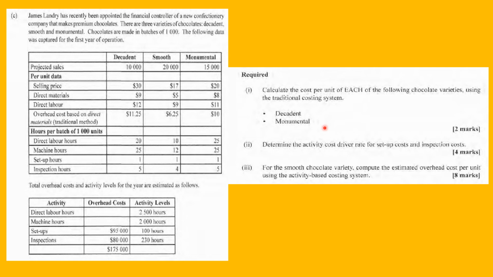Next part, like I said, for the smooth chocolate variety, compute the estimated overhead cost per unit using the activity-based costing system. So you wouldn't be certain if they just want you to use these two here, but it doesn't look that way because it's 8 marks compared to the 4 marks over there, right?